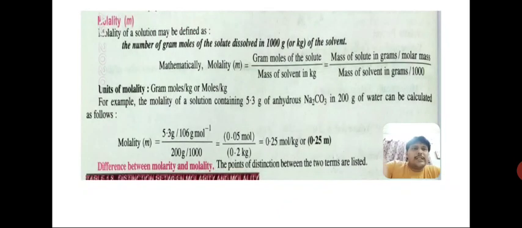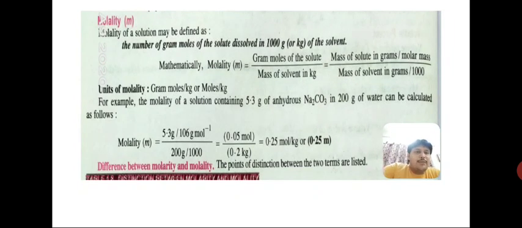Here again you can see the form of molality, given by gram moles of solute upon mass of solvent in kg, and this is the form which I already discussed in the previous slide. For example, the molality of a solution containing 5.3 gram anhydrous Na2CO3 in 200 gram of water can be calculated as follows.